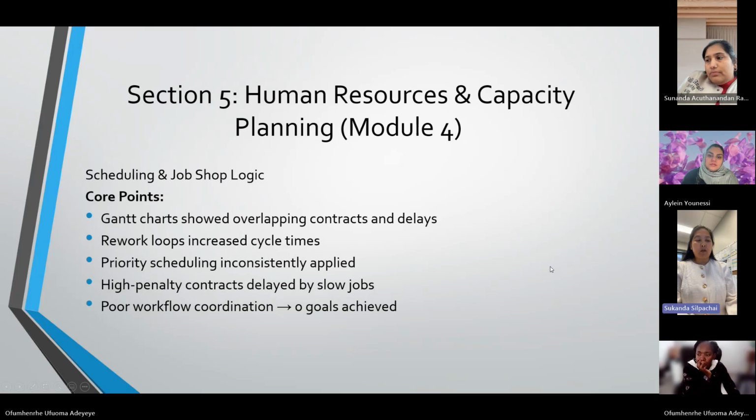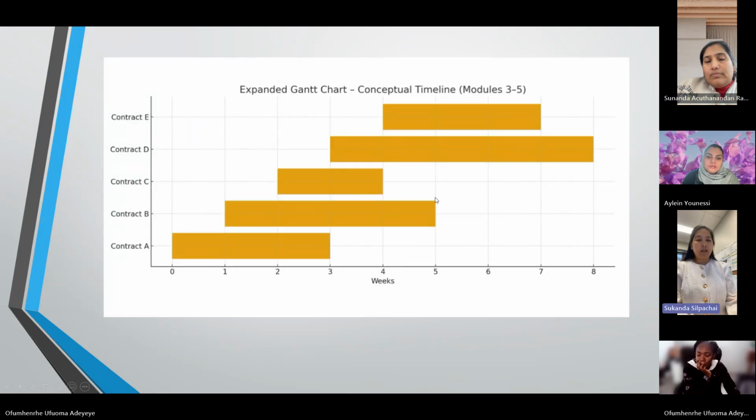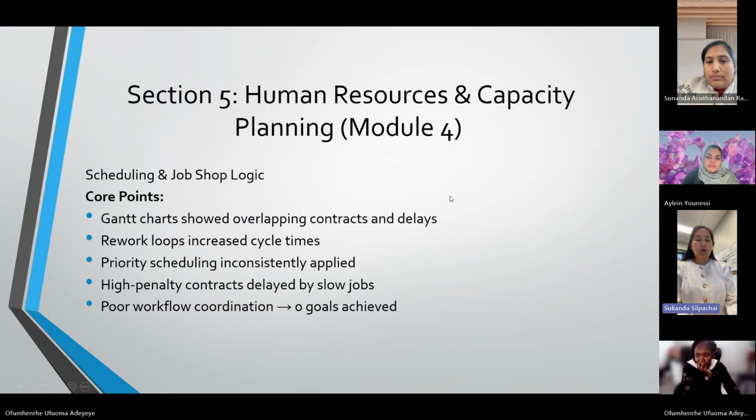Job shop logic was only partially implemented, although the team attempted to start with urgent contracts. Workstation bottlenecks and skill gaps prevented efficiency. The lesson here is that consistent sequencing rules and better real-time scheduling are necessary for smooth operation.